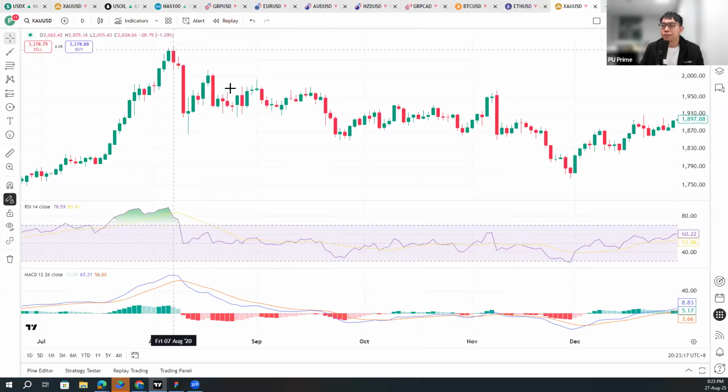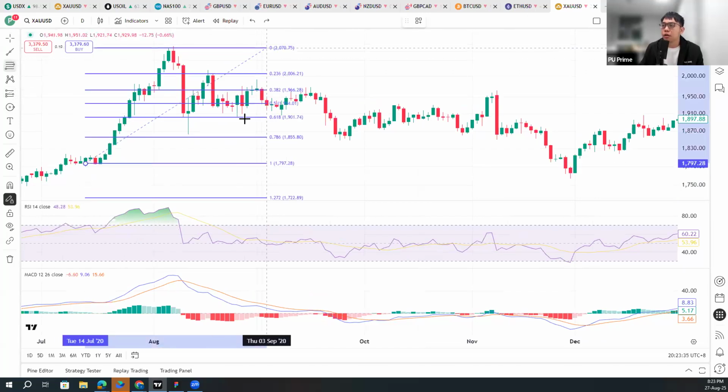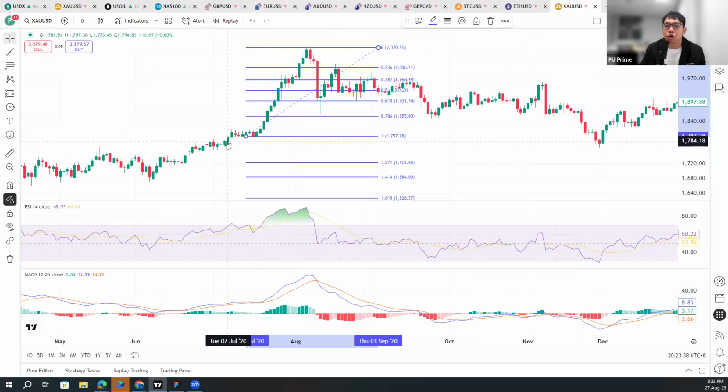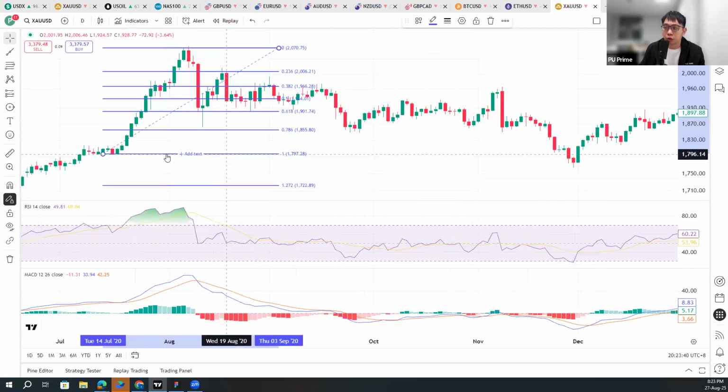And when it comes to here, there's some technical retracement, where people start taking profit. So what I do is I pull from the bottom to the top. It depends on you, how you want to do it.